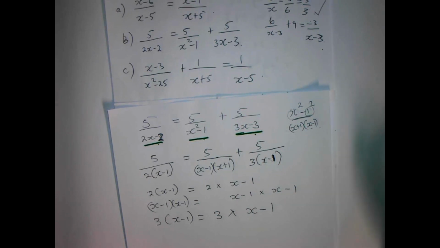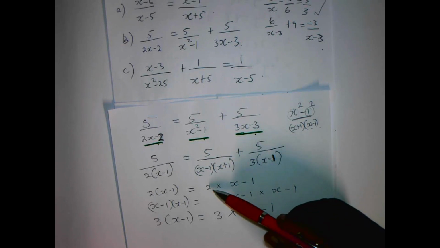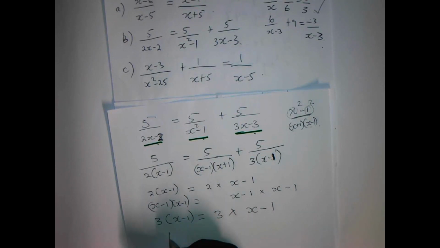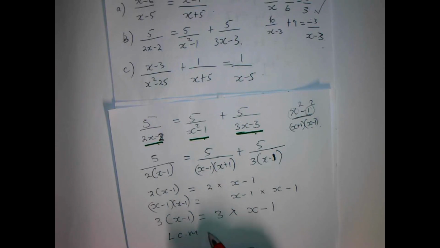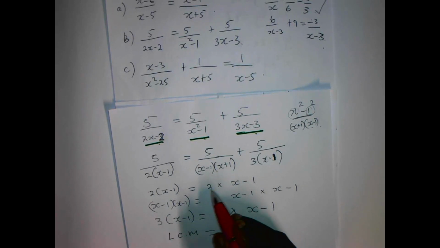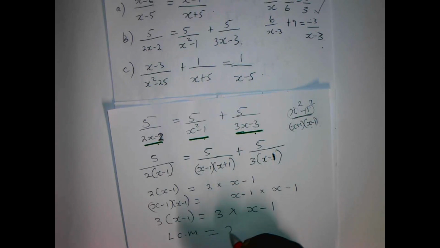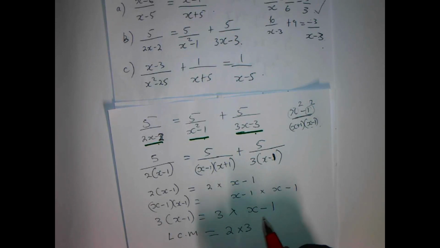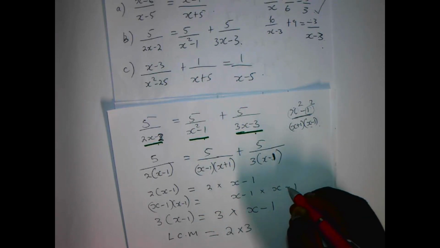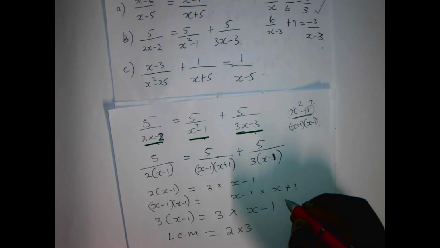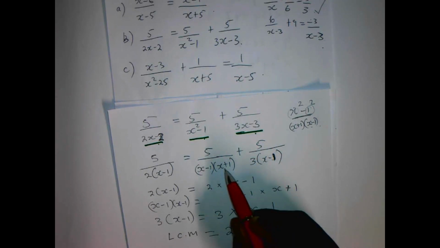So to find the LCM, the lowest common multiple, in terms of numbers, LCM will be equal to, you take this 2, you put it here. Then you take this 3, you put it here. Now x minus 1, where do we have many x minus 1? This one is supposed to be plus 1. Remember? It's supposed to be plus 1 because it's for this one.